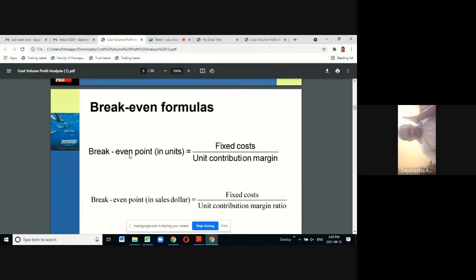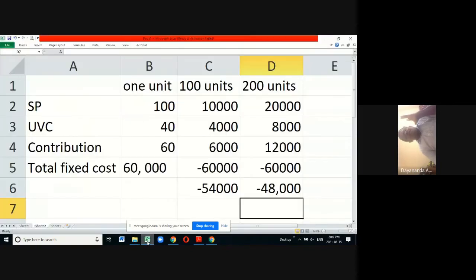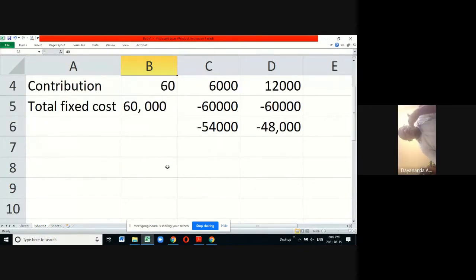So we were talking about break-even point in units. What I want to explain to you is the unit contribution. Now in our example, what is the unit contribution? Unit contribution is 60. How do you get the unit contribution? Selling price minus the unit variable cost. So how do you calculate the break-even now?